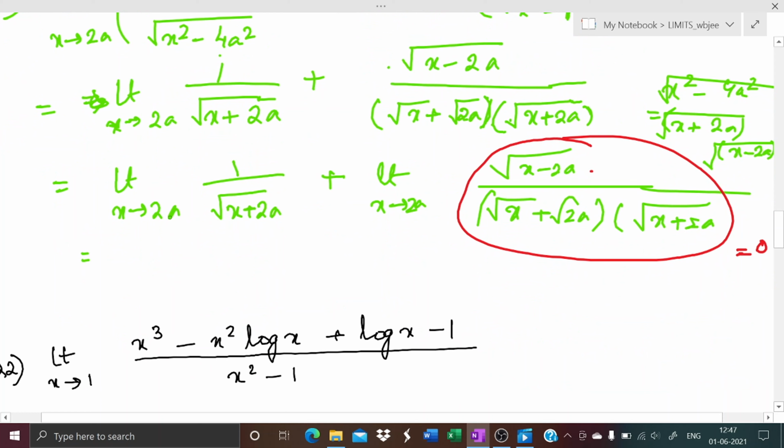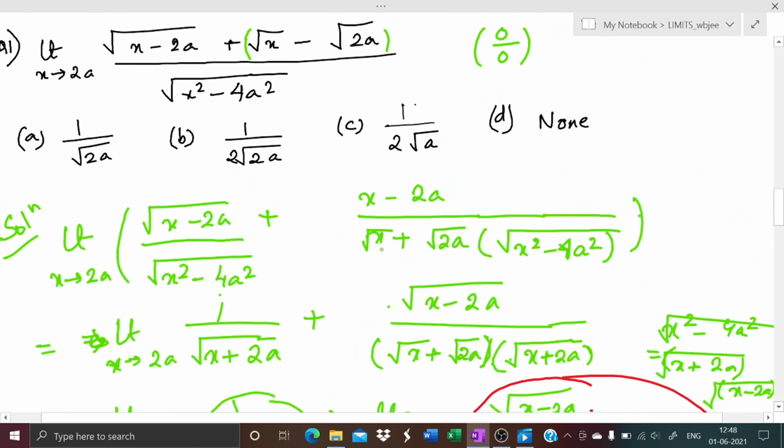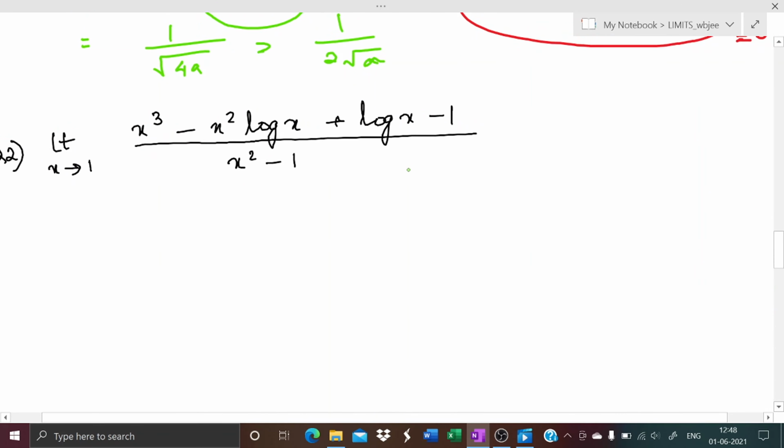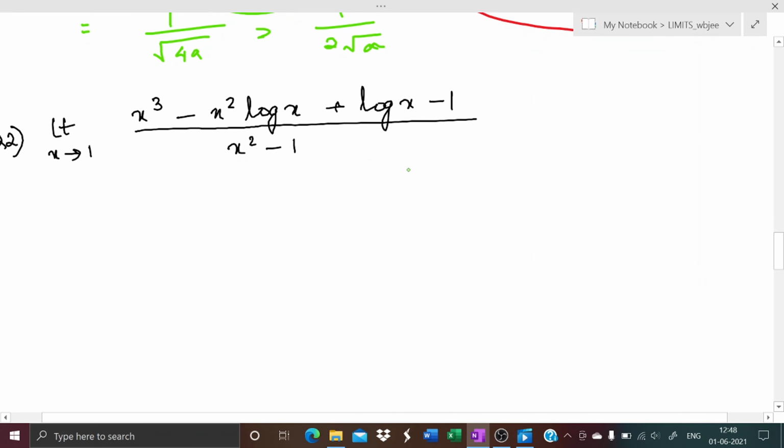And if you put the limit, and this function is continuous at x equals 2a, so it will become under root 2a plus 2a, that is 4a, that is equal to 1 by 2 root a. So your option will be C. Fine. Okay, next question. Over here also you can see that this is a 0 by 0 form. So this will be done by factorization.